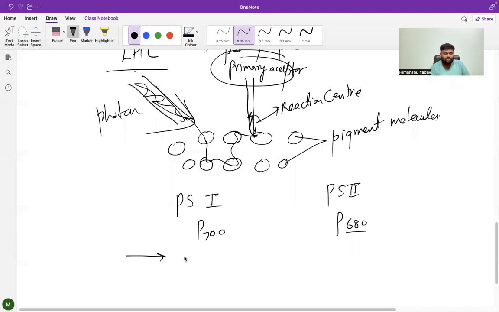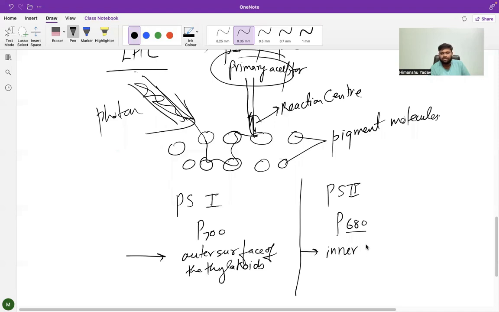Location is, it lies on the outer surface of the thylakoids. All right, it occurs on the outer surface of the thylakoids, whereas this occurs in the inner surface of thylakoids.